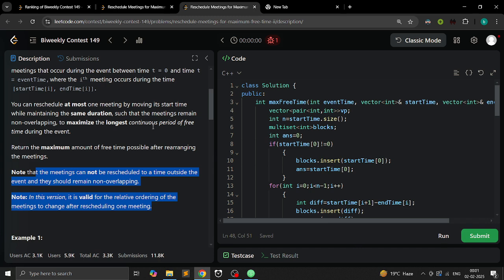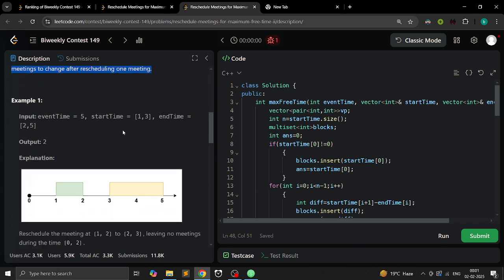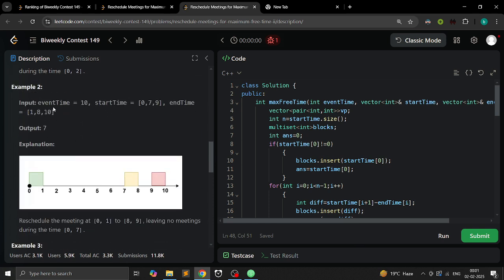If you see example one, the maximum we can have is to move this block to either left or right, so two blocks would be free. In this sample, if we move this block between these two blocks, 8 and 9, the maximum we have is 7 units of time free.